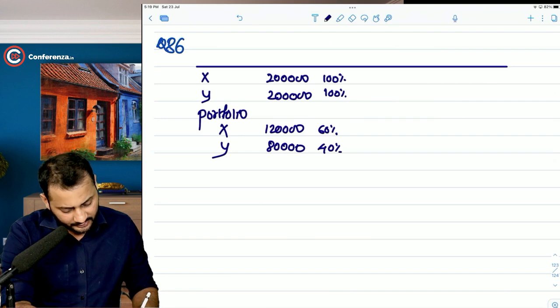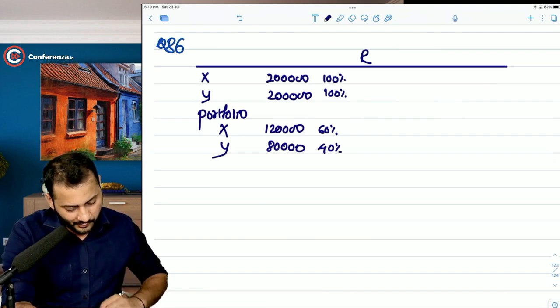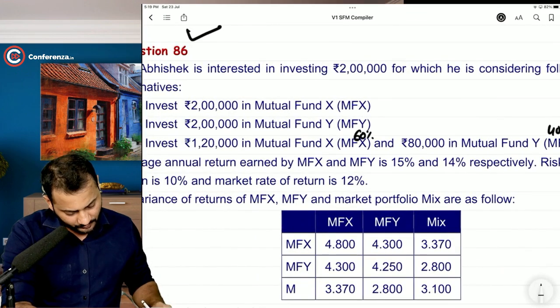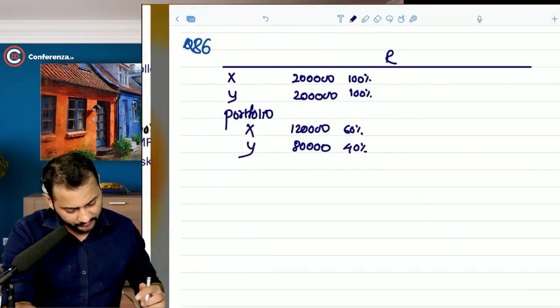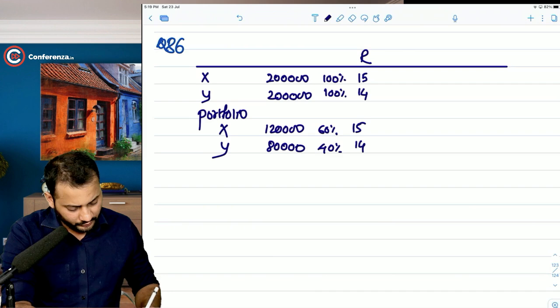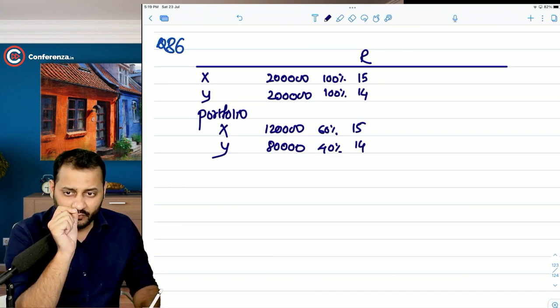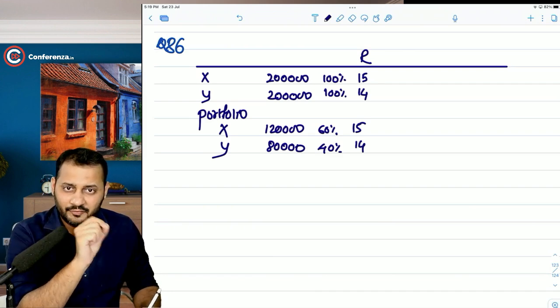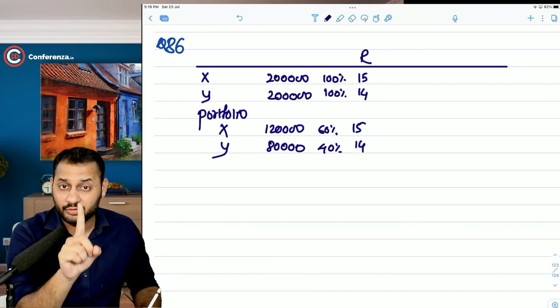Let's write down the returns. So the return for X is 15 and then 14 for Y. 15, 14, 15, 14. You know what we are going to achieve by multiplying the weights with the return? It is called portfolio return.